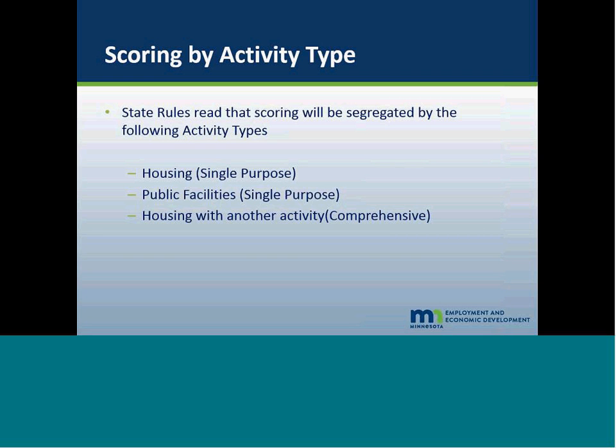Okay, we're going to talk about scoring. This is a very important component, so when you're writing your grant, you want to take this into consideration. The rules read that scoring will be segregated by the following activity types: single purpose public facility, single purpose housing, and another activity, comprehensive.